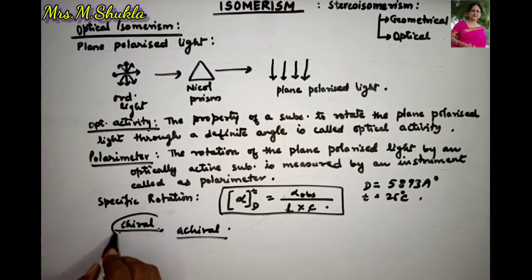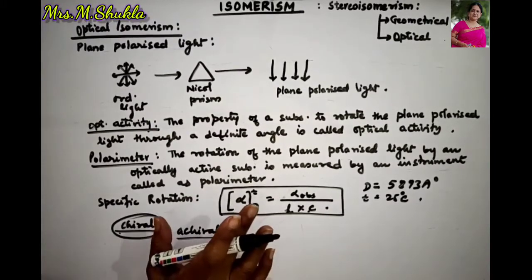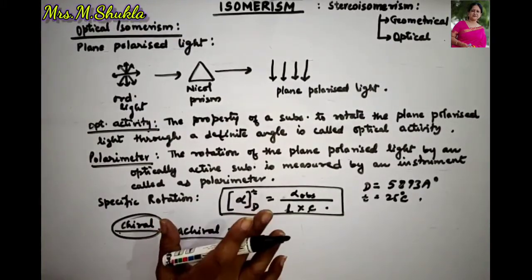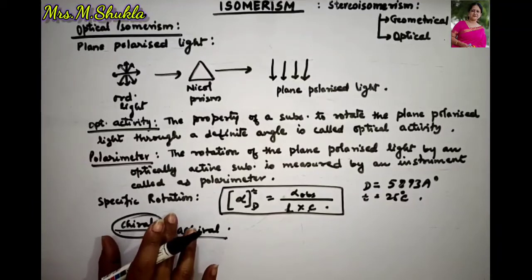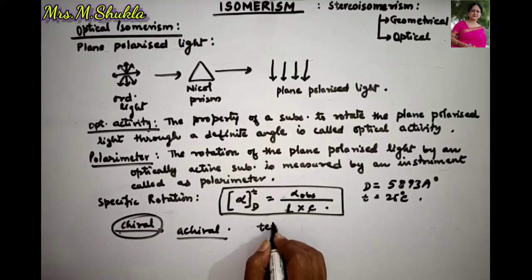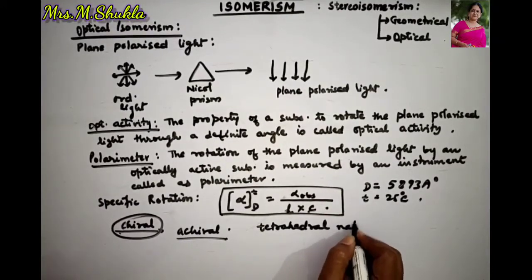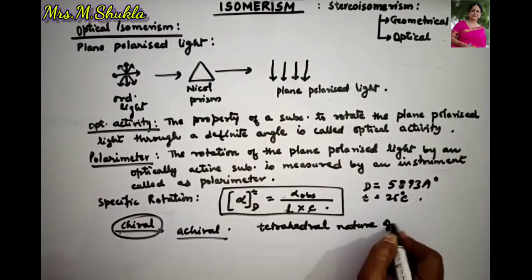Now, what is the origin of this chirality? Van 't Hoff and Le Bel showed that the origin of chirality in organic compounds is due to the tetrahedral nature of carbon.